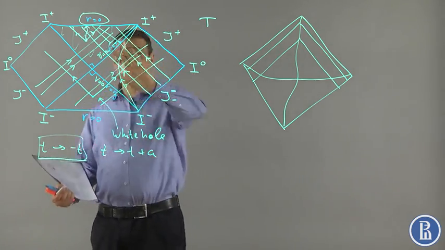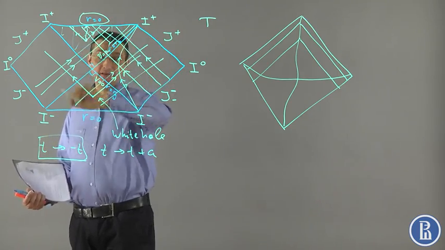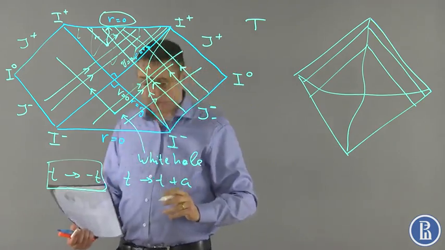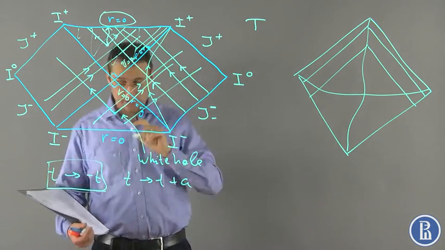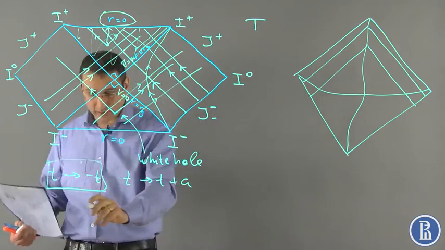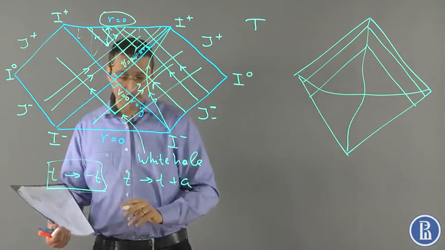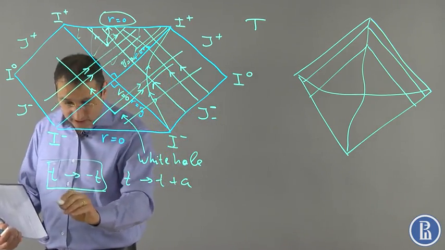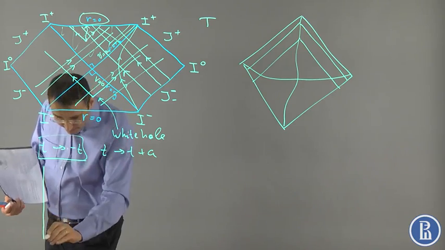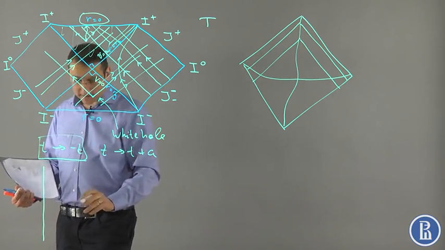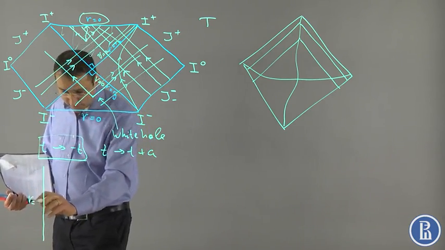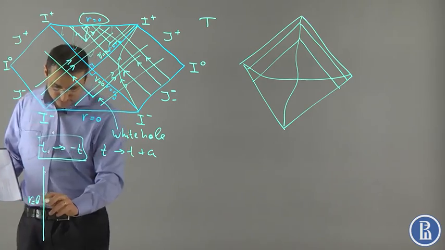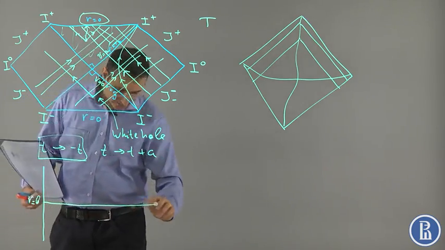But this fact that I described to you can also be observed with the picture that we encountered in the previous lecture. At the very end of the previous lecture, we used ingoing Eddington-Finkelstein coordinates, and in those coordinates we had this r equals 0 singularity, and so we had the following situation.